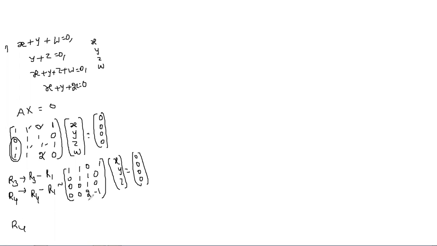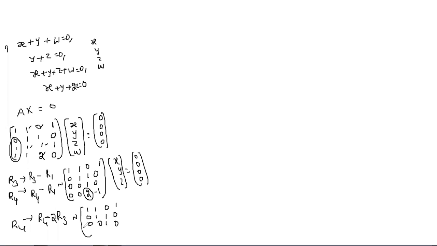We need to make this element 0 with the help of R3. So for R4, we are taking the help of R3. But here it is having 2 and here it is having 1. It means you should multiply R3 with 2. And same sign, so for that minus. So simply what we have to write? 1 1 0 1. And next we are not doing any changes on this, so write as this. And the third one also as this: 0 0 1 0.